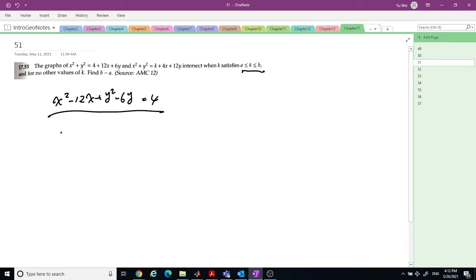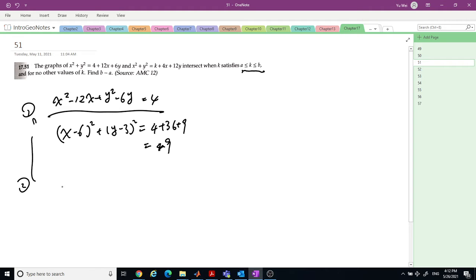Then we make it a perfect square: (x minus 6) squared plus (y minus 3) squared is equal to 4 plus 36 plus 9, which is equal to 49. This is the first equation, and the second equation is x squared minus 4x plus y squared minus 12y equal to k.